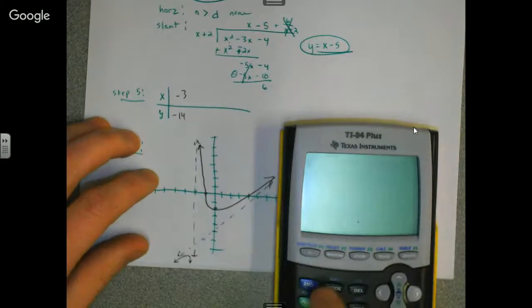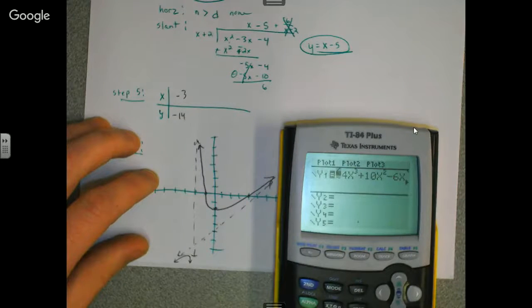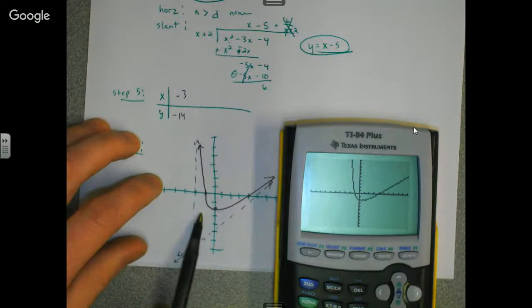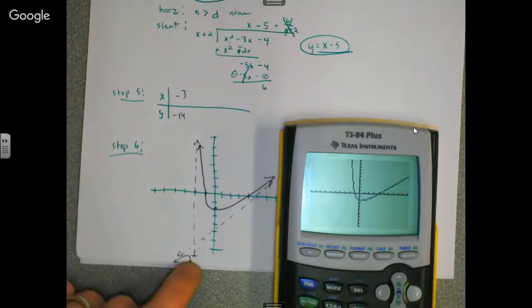So if I plot this one, clear out, I have x squared minus 3x minus 4 divided by x plus 2. There's that one right there. And then this one didn't show up because it's too far down.